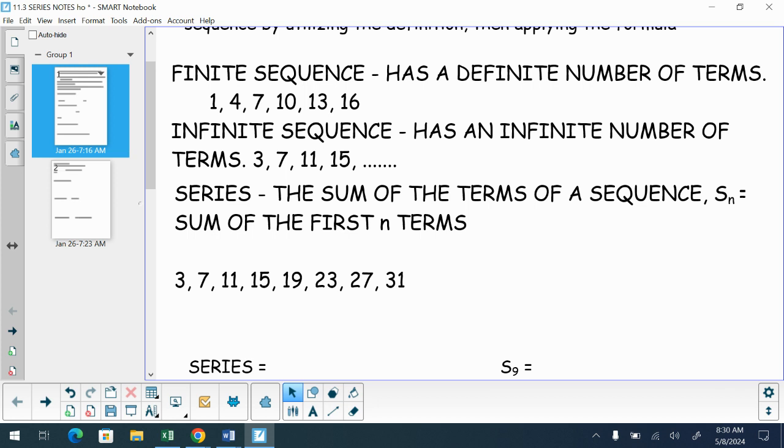And how we symbolize that is capital S, subscript n. That just tells you have the sum of n number of terms. What's the sum of the first 10 terms or 8 terms or 9 terms?